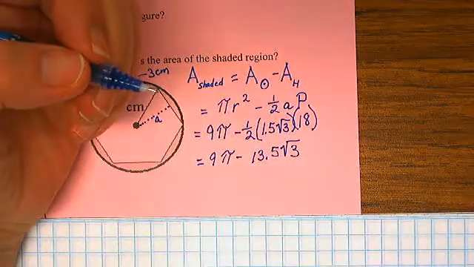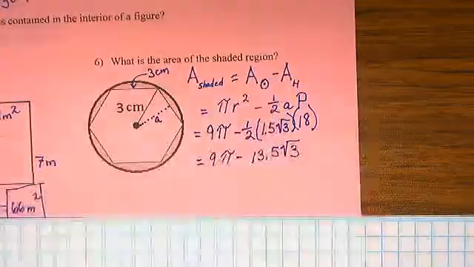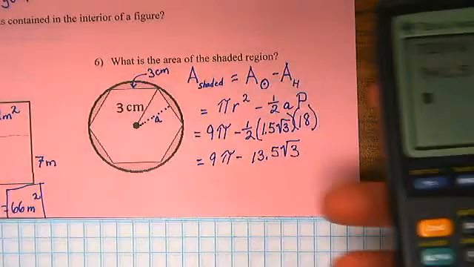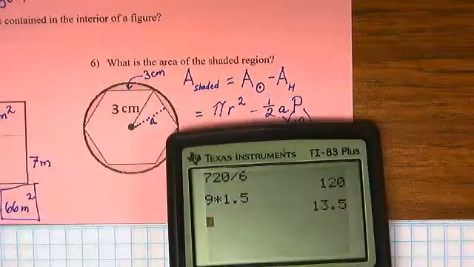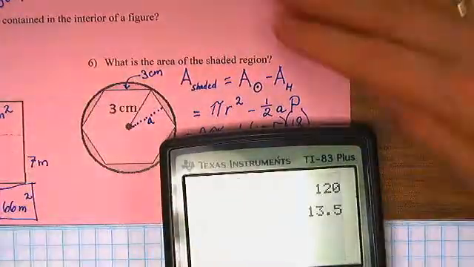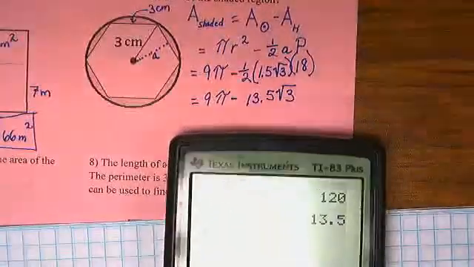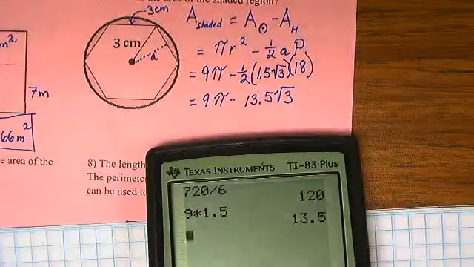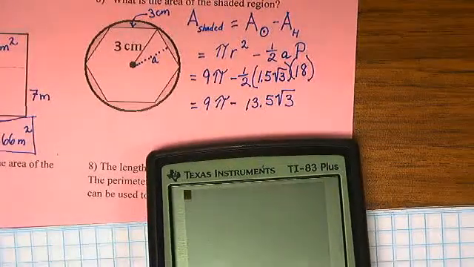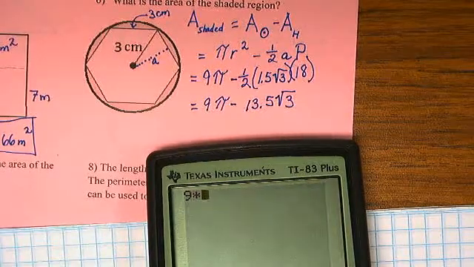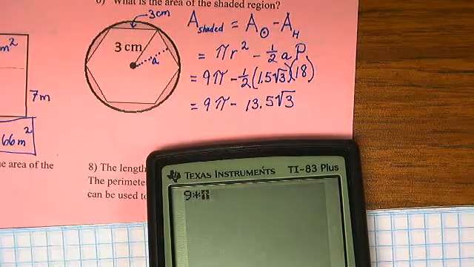However, if I need an approximation of that, then I can use my calculator and I can key in 9 multiplied times pi.